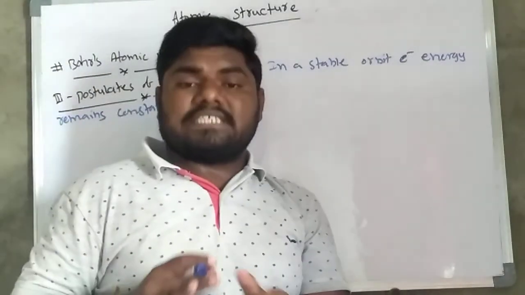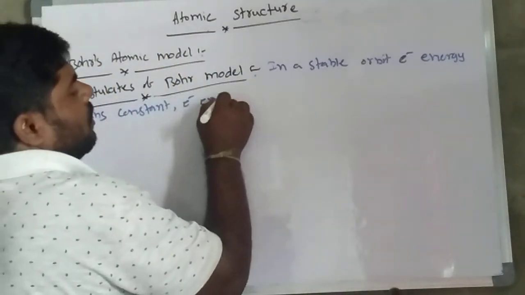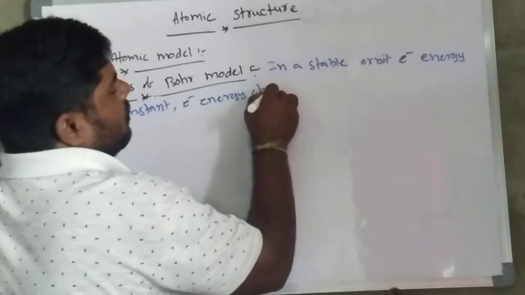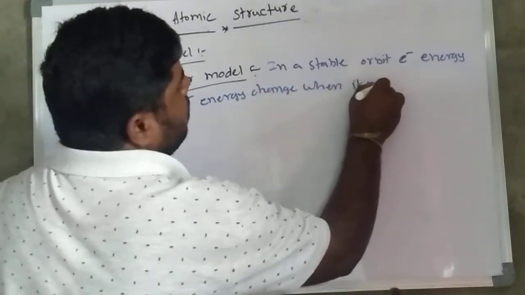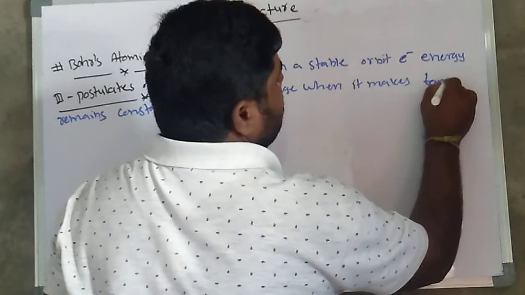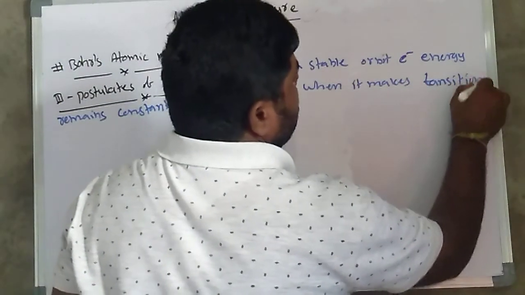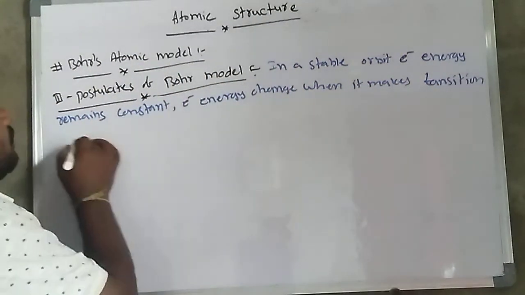Electron energy changes when it makes a transition from one orbit to another.